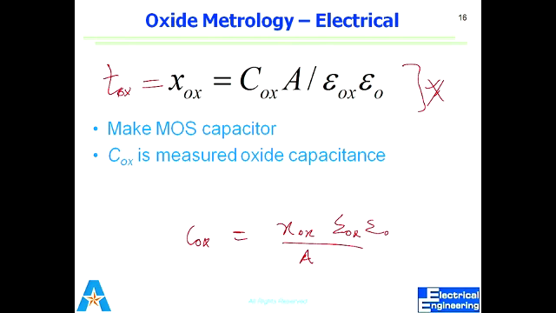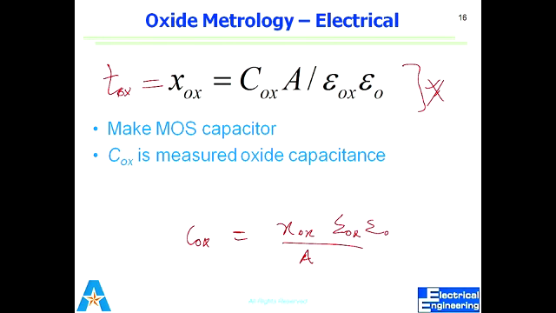Okay, so epsilon oxide and epsilon naught are fixed, and the area is also fixed if you know the area of your capacitor. So keep in mind that we will be using this equation in our lab, because as I told you, the final experiment that we'll be doing on that wafer would be the MOS capacitor.